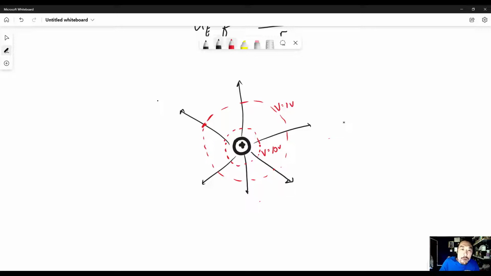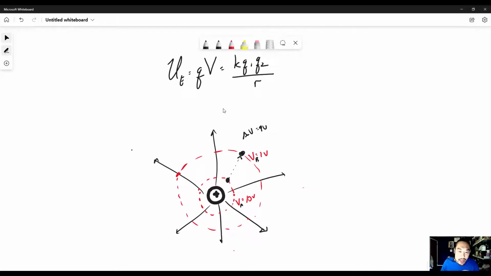If we were to move a test charge from position A to position B, we would have a delta V of 9 volts. Now, to bring us back to the idea of potential, when we are within a field, and the field is not the potential lines, but these lines that I drew emanating out from the object itself, when we're within an E field and we have a charge within that field, that charge has potential energy.